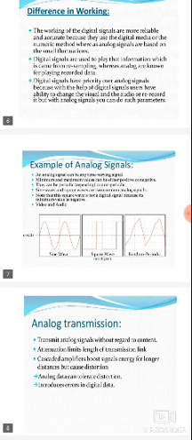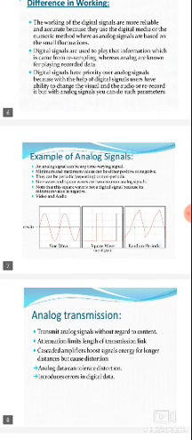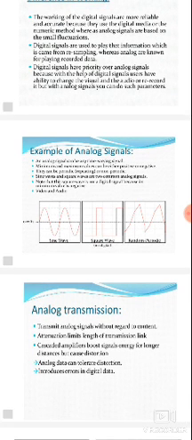Analog signals can be periodic or non-periodic. Periodic means repeating, non-periodic means not repeating. The examples of analog signals are the sine wave and the square wave. Sometimes the square wave is also an example of both analog and digital signals. The square wave is not a digital signal here because its minimum value is negative.